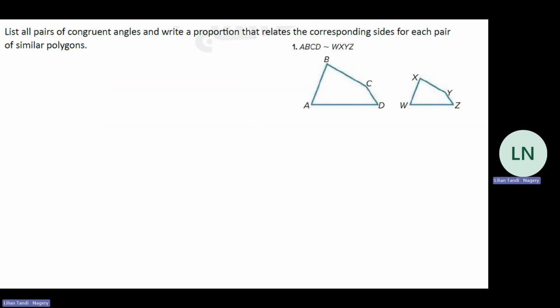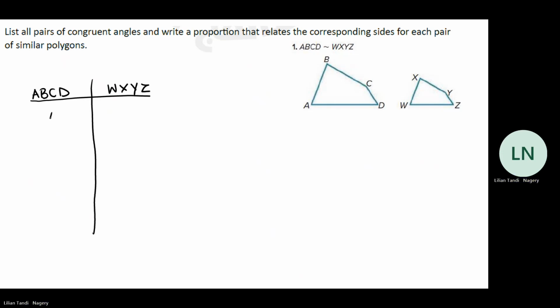List all the pairs of congruent angles and write a proportion that relates to the corresponding sides of each pair. Okay, so first write congruent angles. So here we have A, B, C, D. And here we have W, X, Y, Z. So we are doing congruent angles.